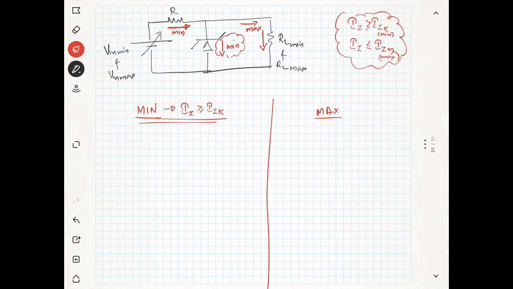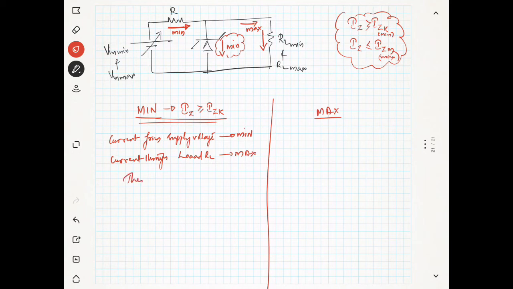So in the minimum condition, the current from the supply voltage should be minimum, then the current through the load RL should be maximum.